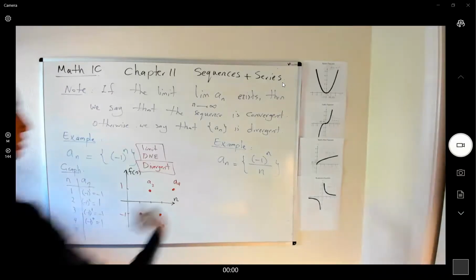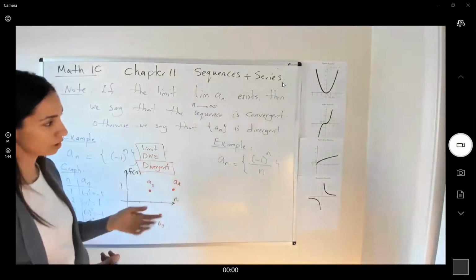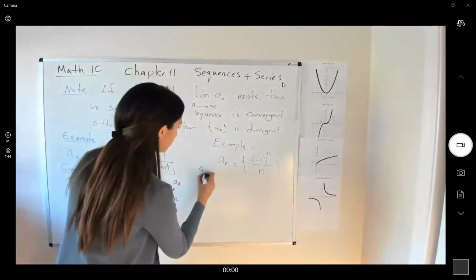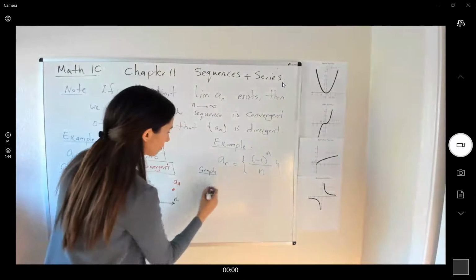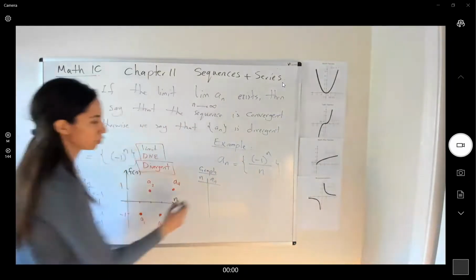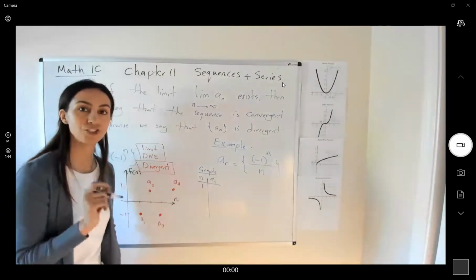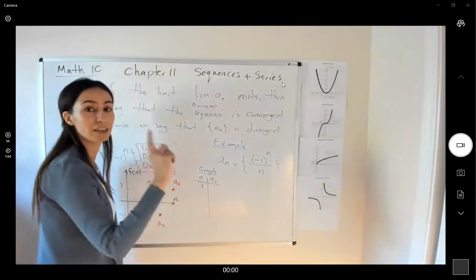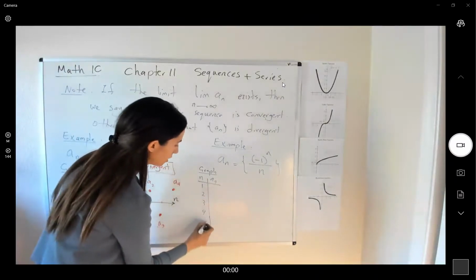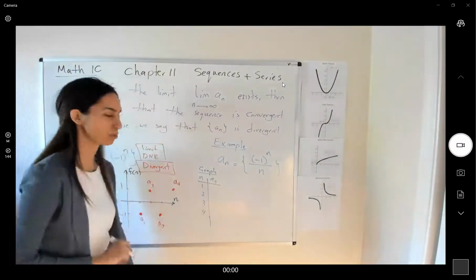Okay, let's take a look at this function. How do we graph this? Let's plug in some points. Graph n, a sub n. Since n is a natural number, we start by plugging in 1, then 2, then 3, then 4, and if you have time, you can continue this process.